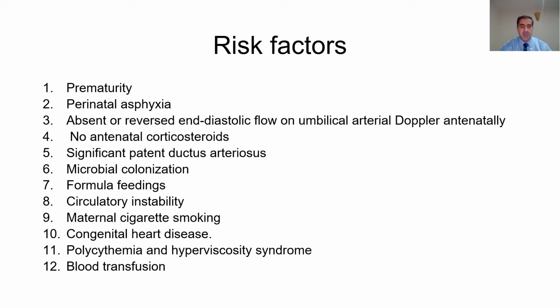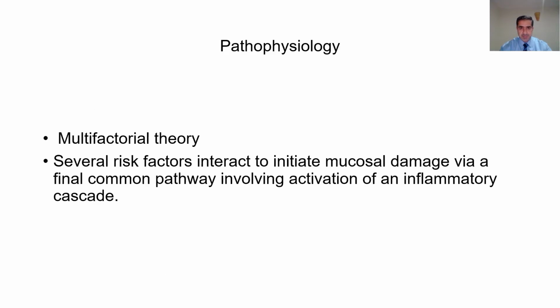Babies who have congenital heart disease, and babies with polycythemia and hyperviscosity syndromes. And blood transfusion is considered a risk factor. Now, lots of these risk factors are still under discussion and studies are ongoing to decide whether these are genuine, true risk factors or not. But in general, they are considered as risk factors for the meantime.